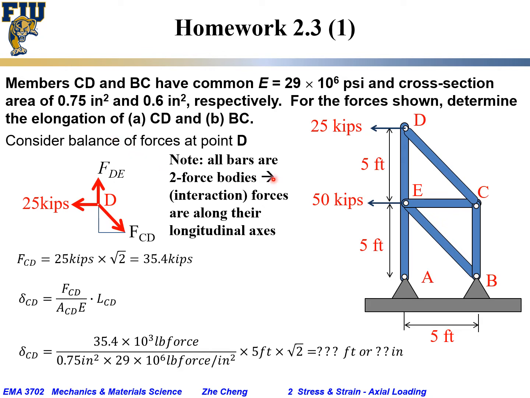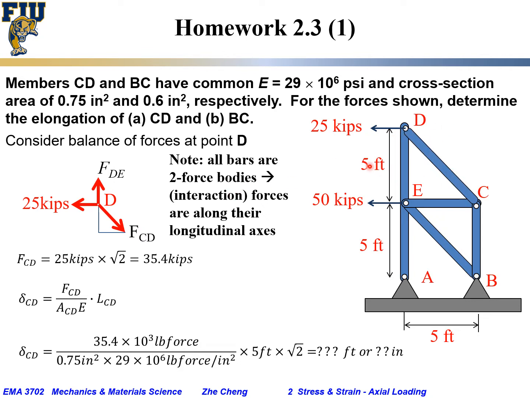Well, you have to consider each of these bars as so-called two-force bodies. You can treat them as one force at one end, the other force at the other end. As a result of this structure, the interaction forces at these two ends are always along the longitudinal axis, which means the force from CD onto the pin must go along the CD bar direction.